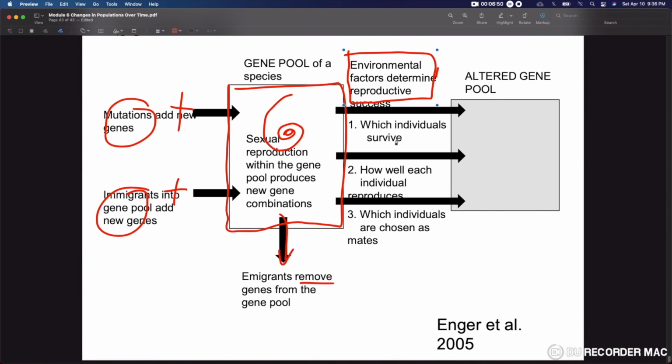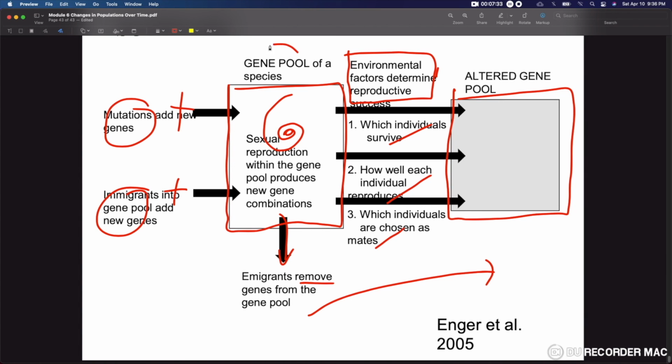And then if that individual survives, and how well that individual reproduces, and which individuals are chosen depends on nature and the process of natural selection. And that will cause the change in your gene pool. All in all, this is how you should imagine evolutionary ecology, and how, for example, our ABO blood typing changes from an initial gene pool to an altered gene pool.